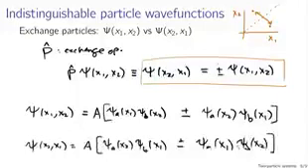If you compare the expression I get after exchanging these particles with the expression I got before exchanging these particles, you can see here's psi A x1, psi B x2, A1, B2, whereas here's A2, B1. So these expressions are essentially the same, except the plus or minus sign is going to mess things up a little bit. If I use the plus sign, clearly these two expressions are the same. A1, B2 plus A2, B1 versus A2, B1 plus A1, B2. All I've done is exchange the order of these two terms. Since this is just multiplication, we're working with wave functions, there's nothing fancy about the order of the terms over addition. Everything commutes, that's fine.